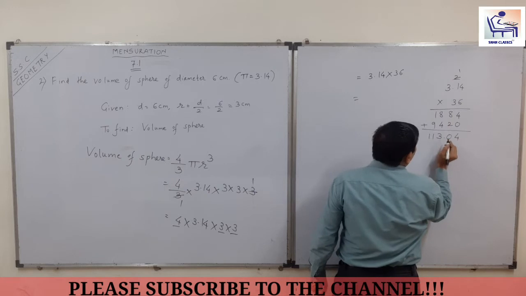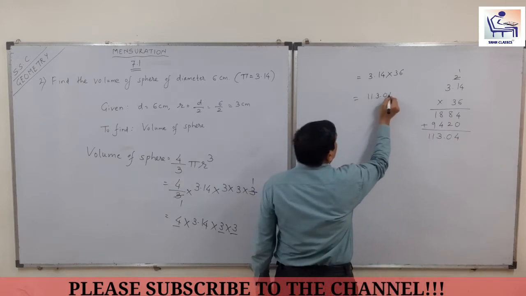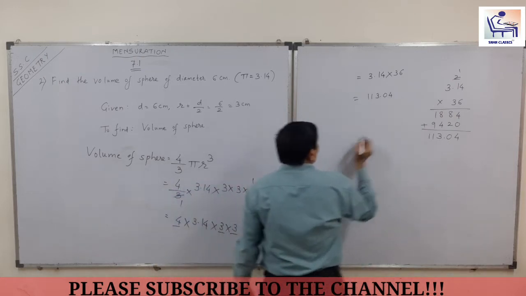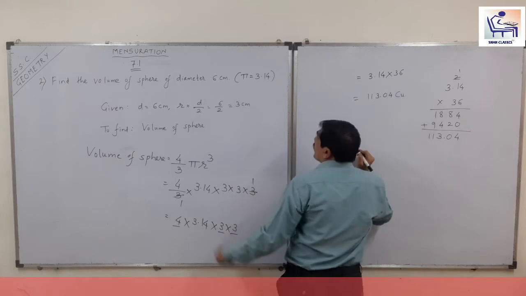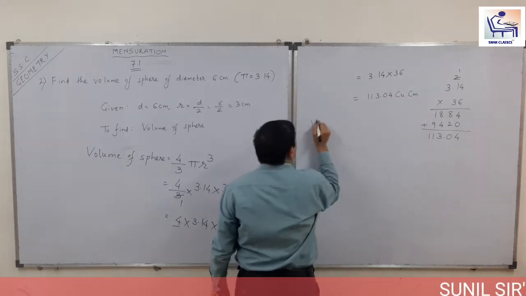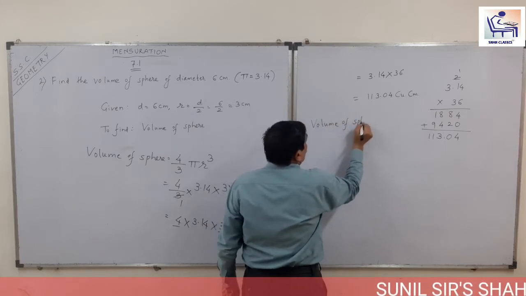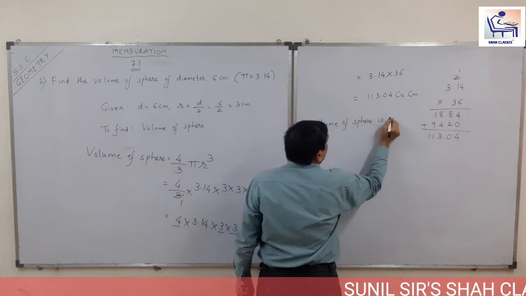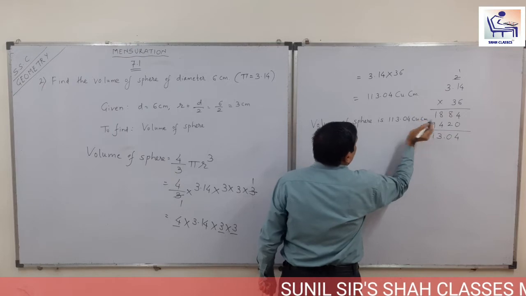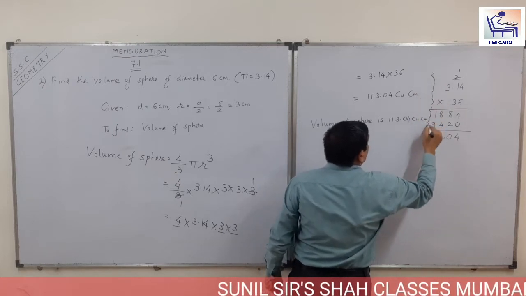After two digits we have to put a decimal point, so 113.04. Once again, this is also volume, so we apply cubic and it is in centimeter. So cubic centimeter. So final answer is volume of sphere is 113.04 cubic centimeter.